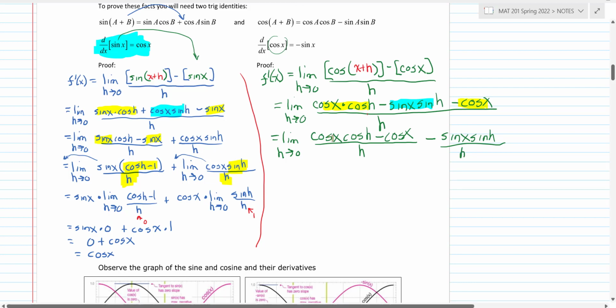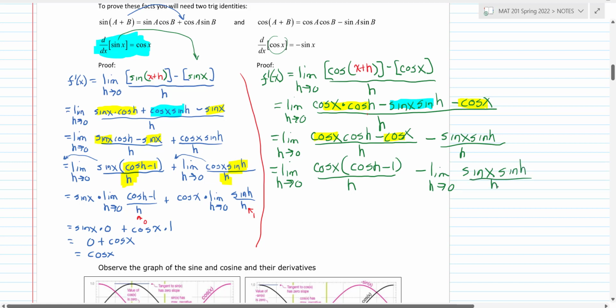Okay, now in this one, we can factor the cosine out, and also we know the limit of a difference is the difference of the limits, so we are going to use a couple of limit laws. So let's write this as the limit as h goes to 0, cosine x gets factored out, so we have cosine h minus 1 over h, then minus the limit as h goes to 0 of sine x, sine h over h.